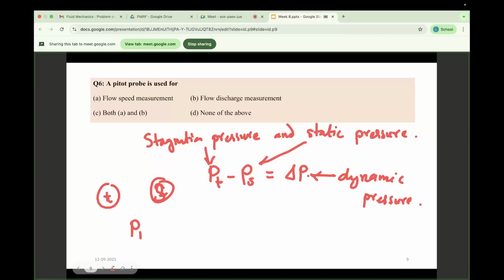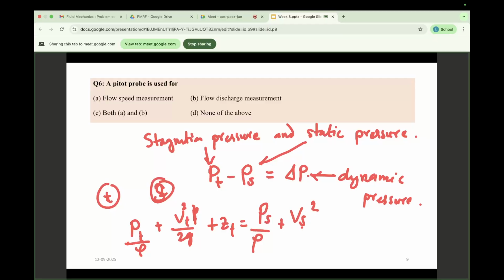So I can write PT by rho plus VT square by 2g plus ZT equals PS by rho plus VS square by 2g plus ZS.